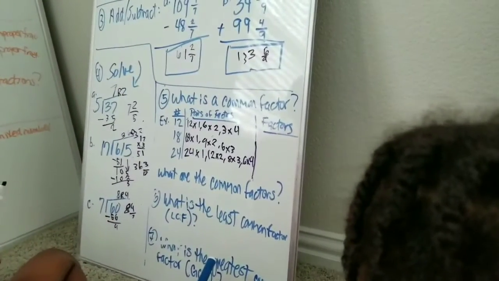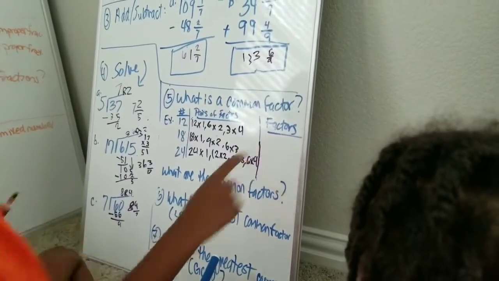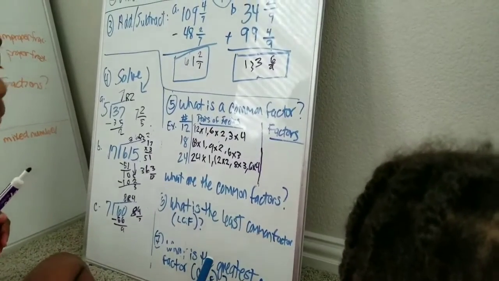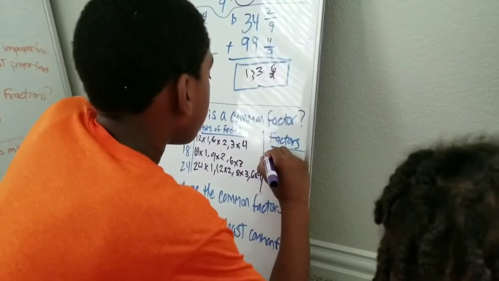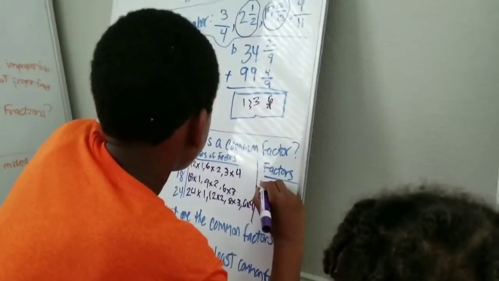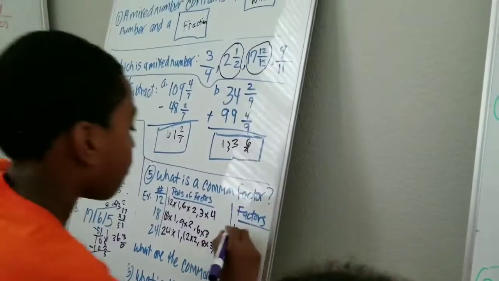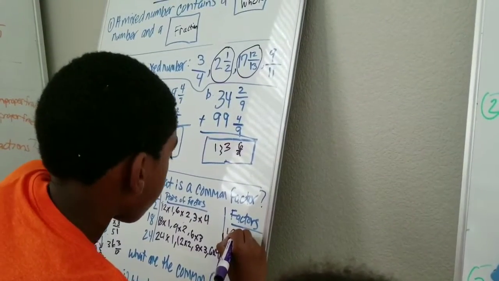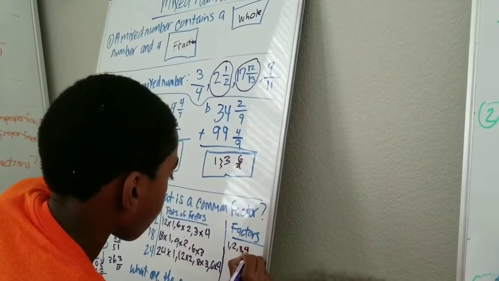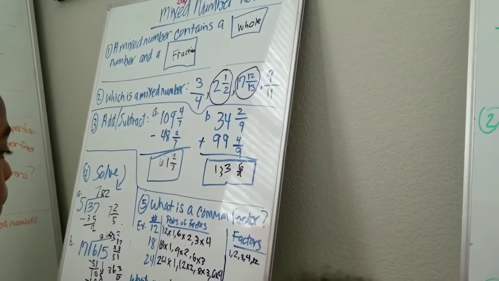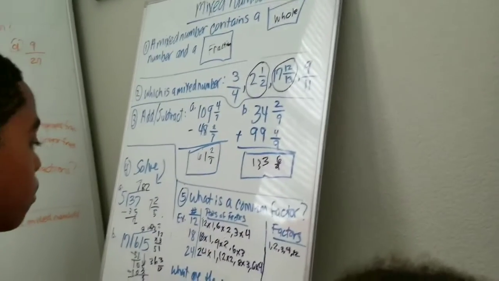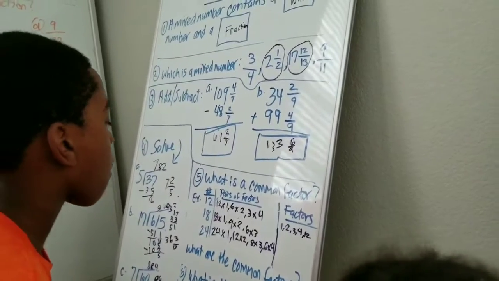So the column that's called factors, point to it, right? So we're going to write all of those factors. 1, 2, 3, 4, and 6. That's what you said, right? And 12. Yeah, good job. Excellent. Now for 18, what are all the factors for 18?